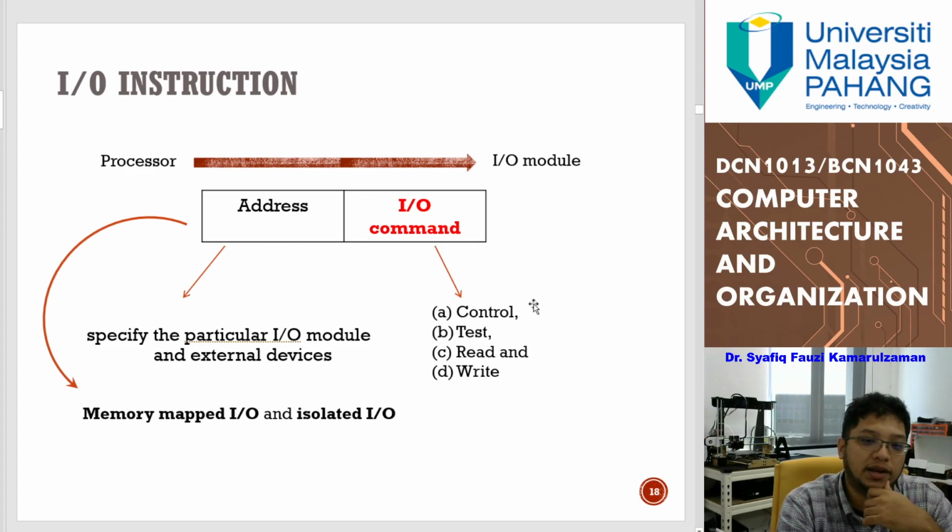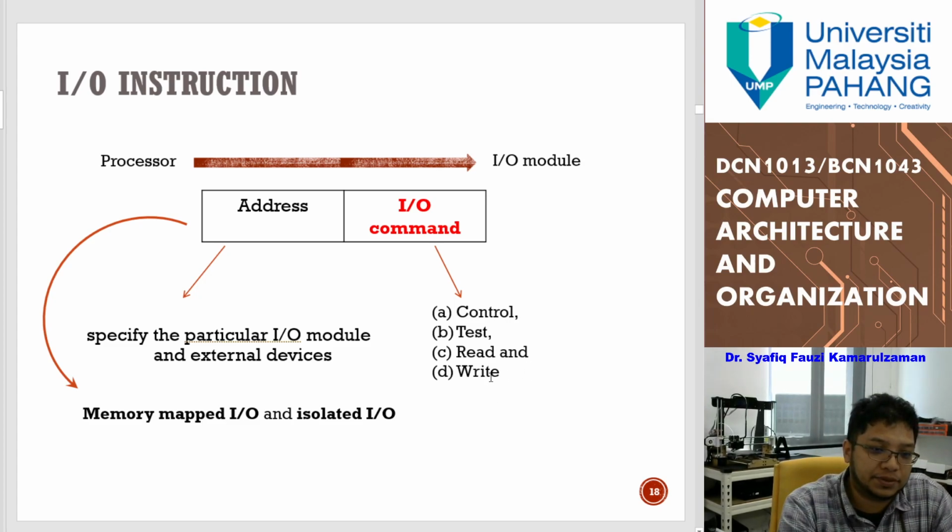The I/O command is whether to control, test, read, or write. Normally they have only read and write. When they want to read, the I/O module will reply busy or not. So these are the common syntax when the CPU issues a command towards the I/O module.